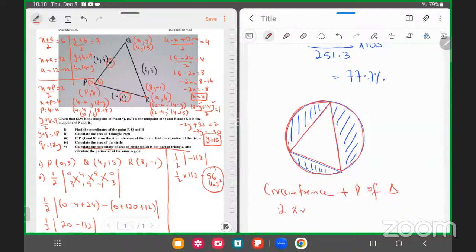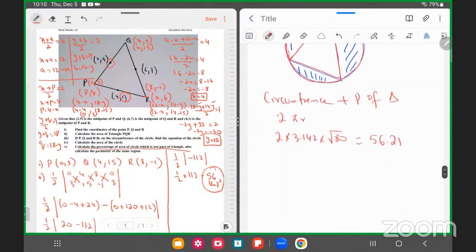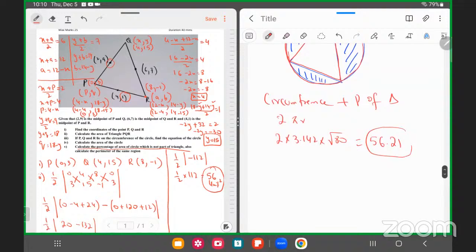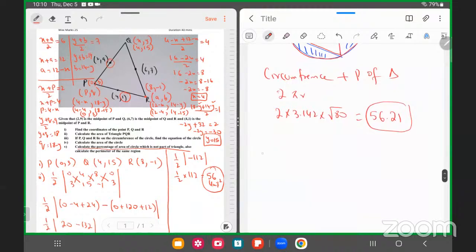Circumference is 2 pi r and the perimeter of the triangle will be the sum of all sides. So 2 pi r, r is under root 80. So the circumference of the circle is 2 times 3.142 times under root 80, that is 56.21. So this is the circumference of the circle. For the perimeter of the triangle, we'll find the distance of each side. First find the distance of PQ.